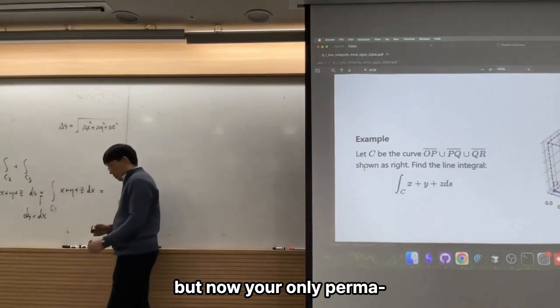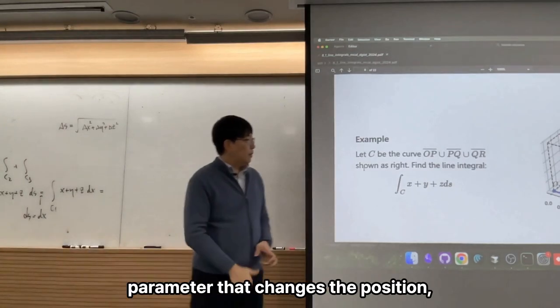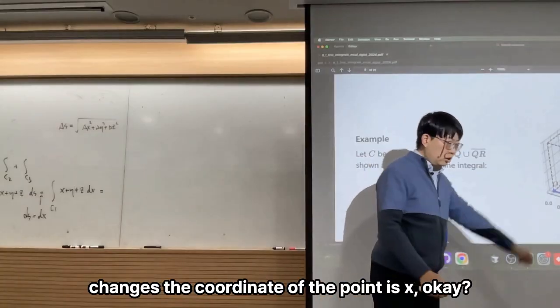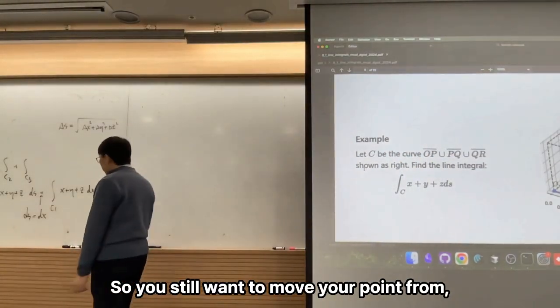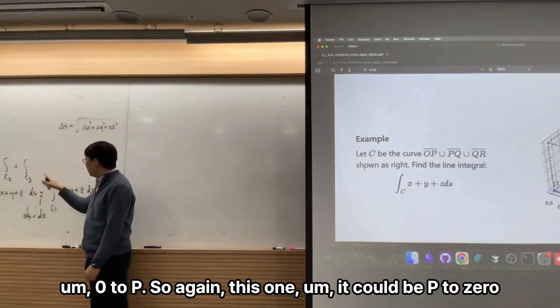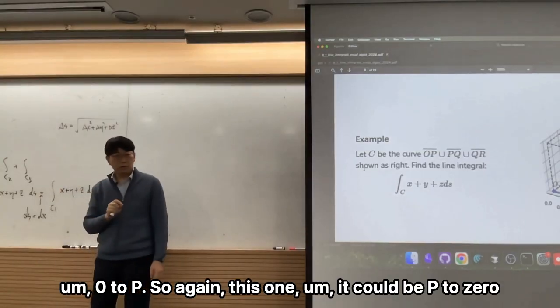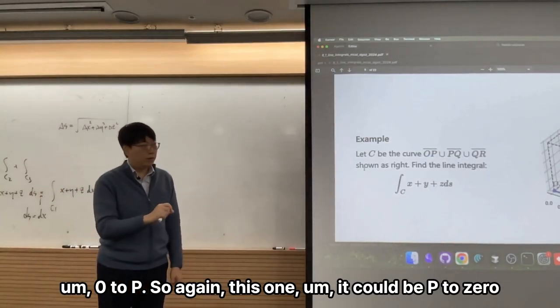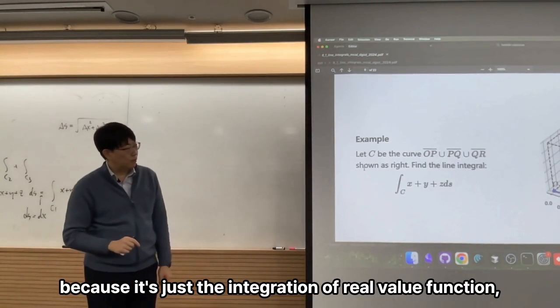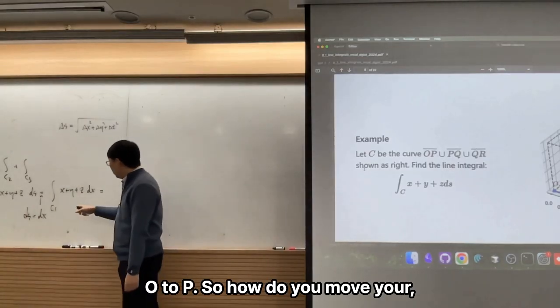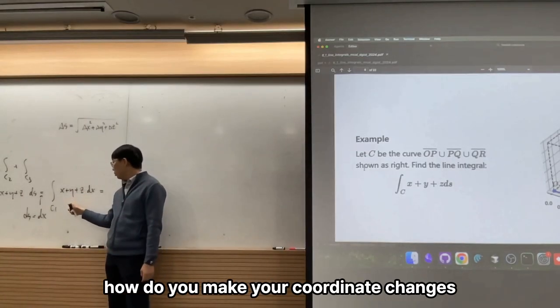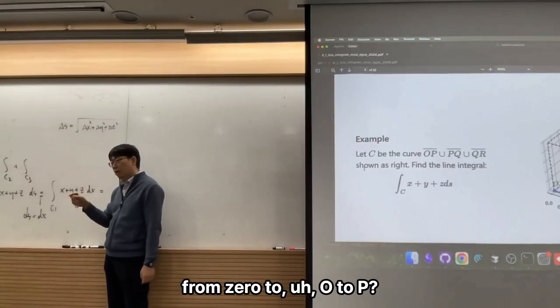But now your only parameter that changes the position, the coordinate of the point, is x. You still want to move your point from O to P. Again, it could be P to O because it's just the integration of a real valued function, but we say that it's moving from O to P. So how do you make your coordinate change from O to P?